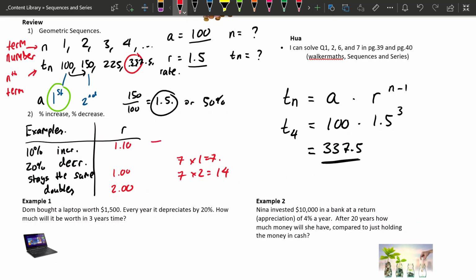We get that by taking the 1 we had before when it stays the same, and adding 0.10 to get 1.10. If it decreases by 20%, is it 0.2? No, it's 0.80. We get that by taking the 1, minusing 0.20 to get 0.80.